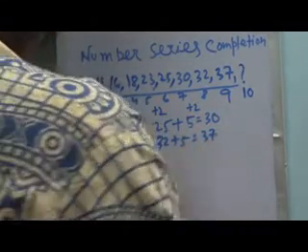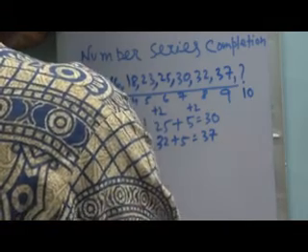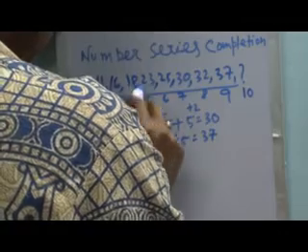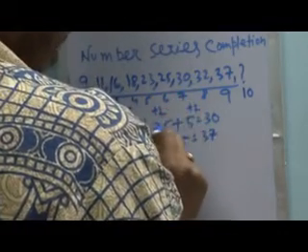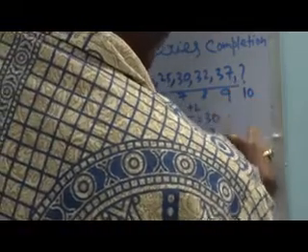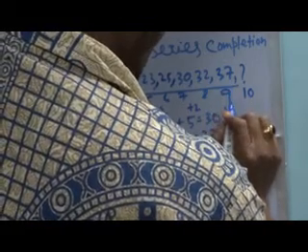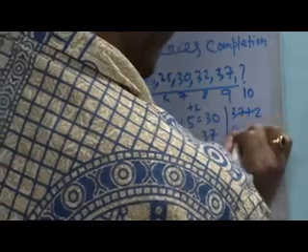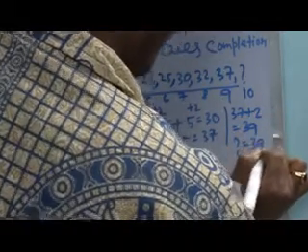As in 1 and 2 position, 3rd and 4th position, 5th and 6th position, 7th and 8th position, 9th and 10th position, if we add 2 with the number put in position 9, that is 37 plus 2, we get 39. So the question mark will be replaced by 39.